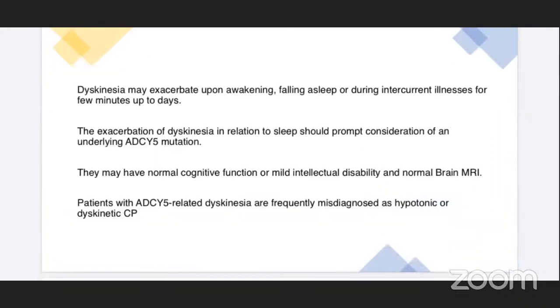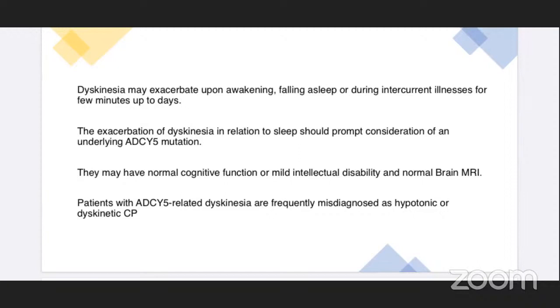The dyskinesia may exacerbate upon awakening, falling asleep, or during intercurrent illness, for a few minutes up to days. Exacerbation of dyskinesia in relation to sleep should prompt consideration of an underlying ADCY5 mutation. They may have normal cognitive function or mild intellectual disability. Otherwise, they would have a normal brain MRI. Patients with ADCY5-related dyskinesia are frequently misdiagnosed as hypotonic dyskinetic cerebral palsy.